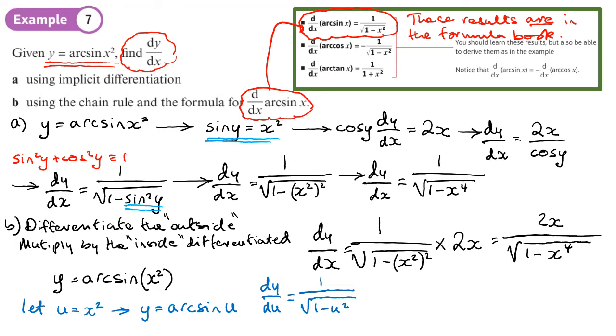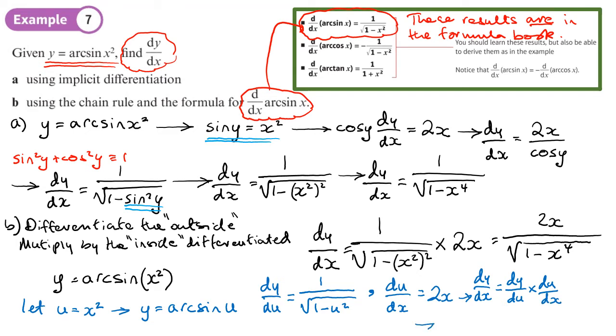Then we'd also work out du dx, and du dx would be 2x, and since we want to find dy dx, it is going to equal dy du, or whatever letter you've chosen, times du dx.